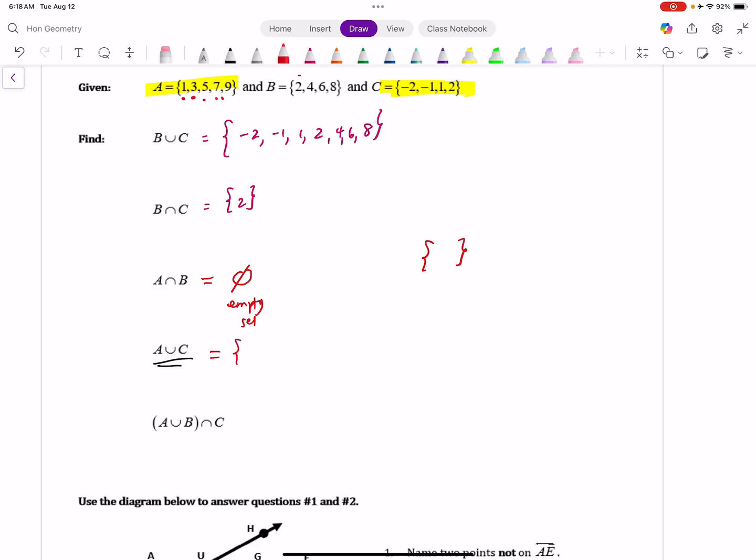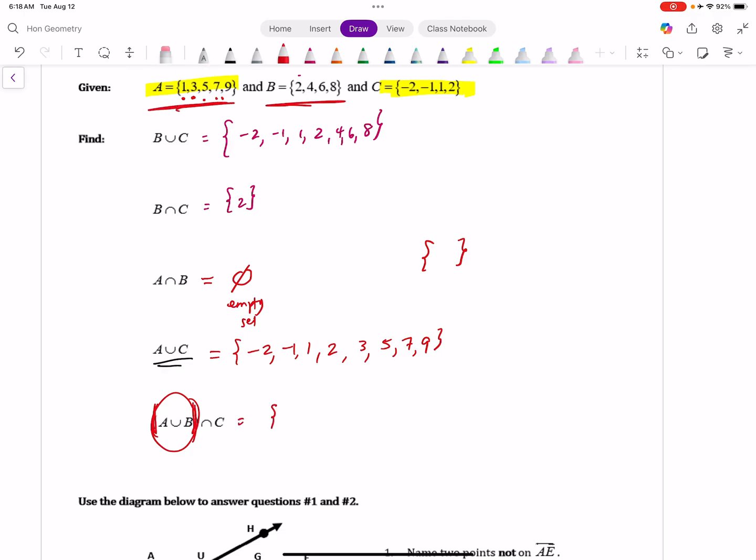Okay. So we'd have -2, -1, 1's in both of them, 2's over there in C, and then 3, 5, 7, and 9. All right. Well, this is where I noticed I'd made a mistake. We're going to do A union with B, which we already talked about. So it's taking A and B and just combining them all together.